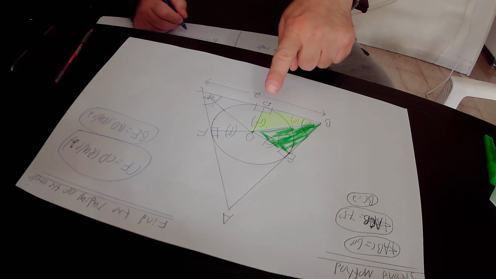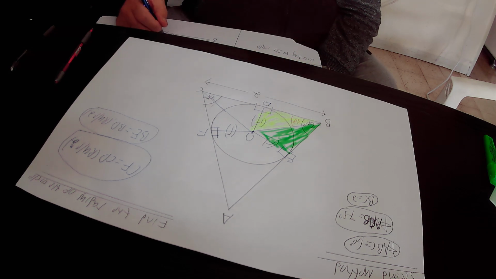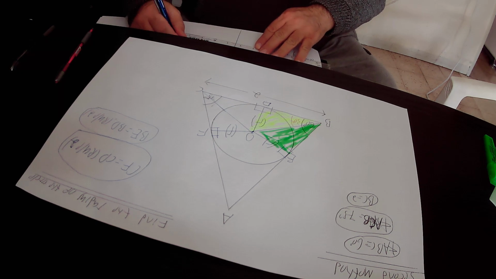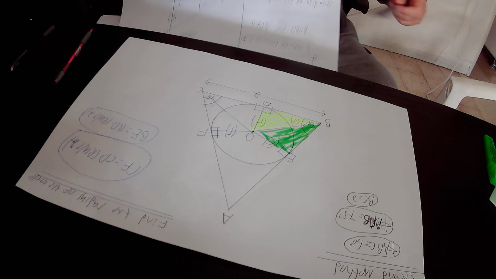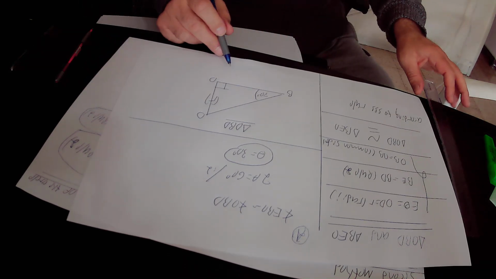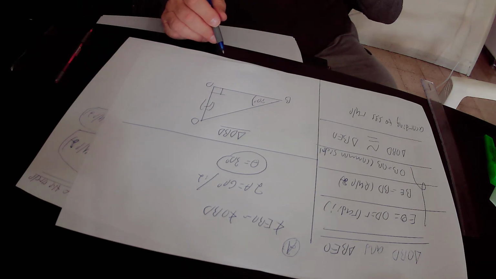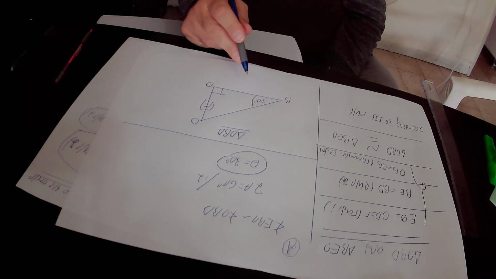Side OD equals R, it is the radius of the circle. So actually, this is the right yellow triangle OBD that I copied from the original drawing. This is angle theta that equals 30 degrees in its size.